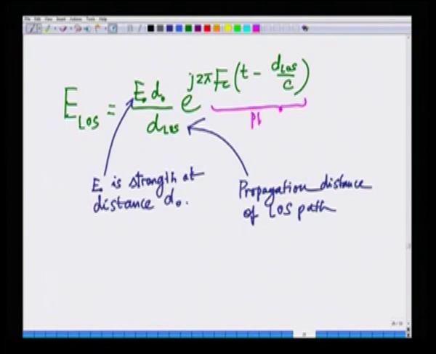This is the phase lag of the carrier at the receiver arising due to propagation delay.